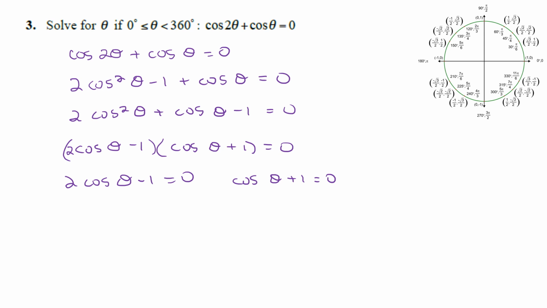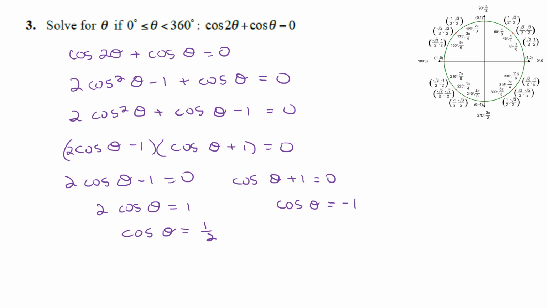And I'm going to solve for cosine theta for both factors. Okay. And I now can find theta where the cosine values are -1 and 1/2.